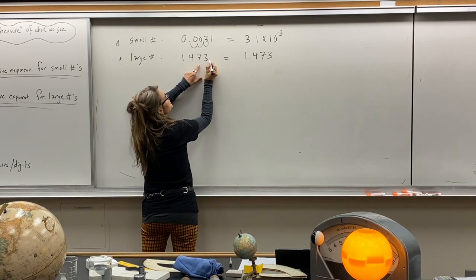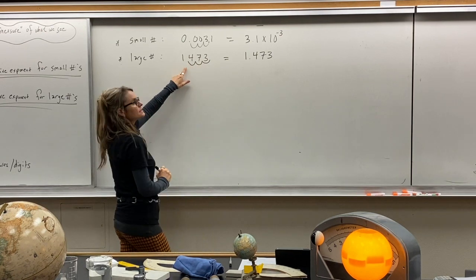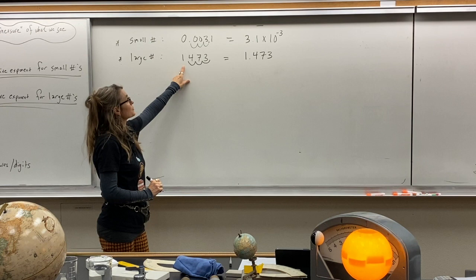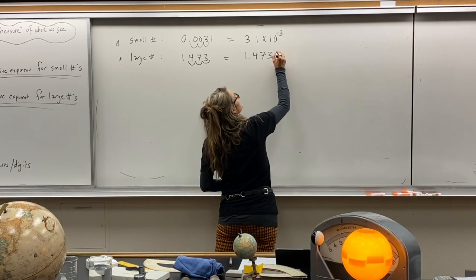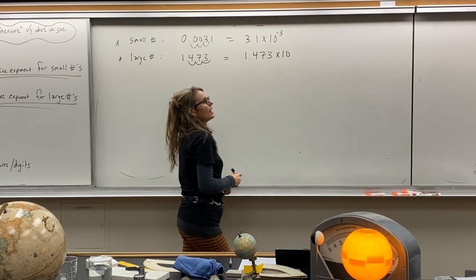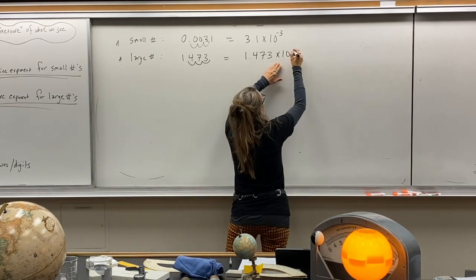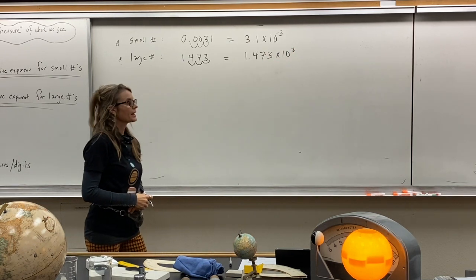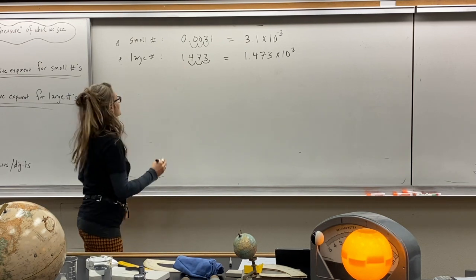So there's an understood decimal place here, and I move it back 1, 2, 3 places to make it smaller. So I change 1,473 to 1.473, and I put my placeholder in terms of times 10. I say times 10 to the power of 3. I moved it 3 units. Okay? And of course, we could get much larger than this number. So some examples.